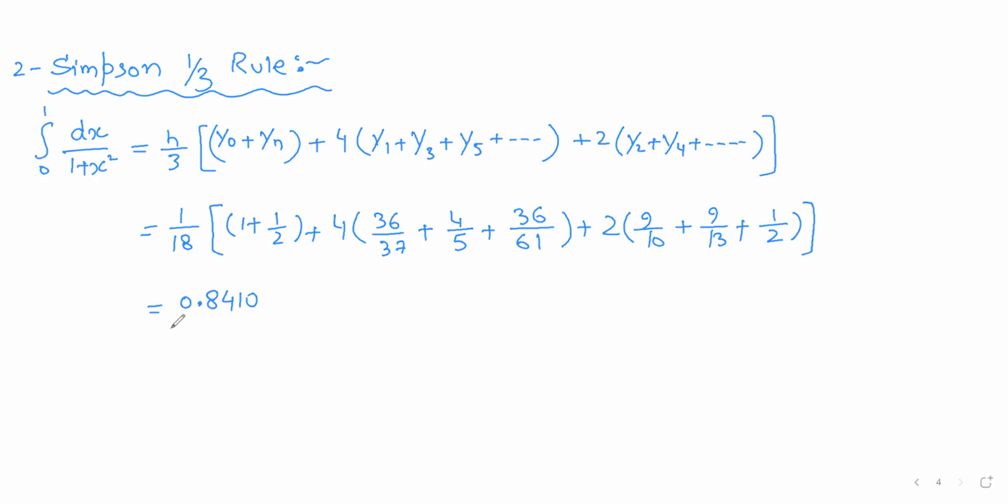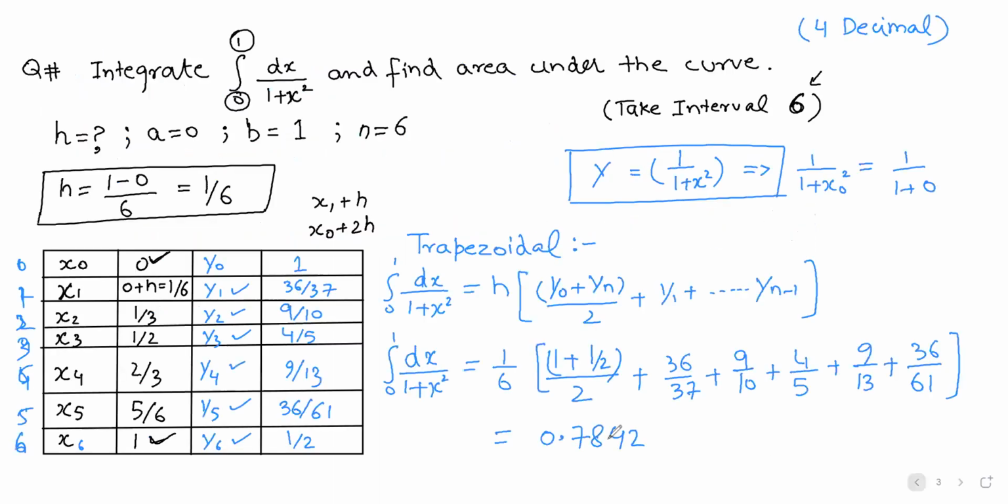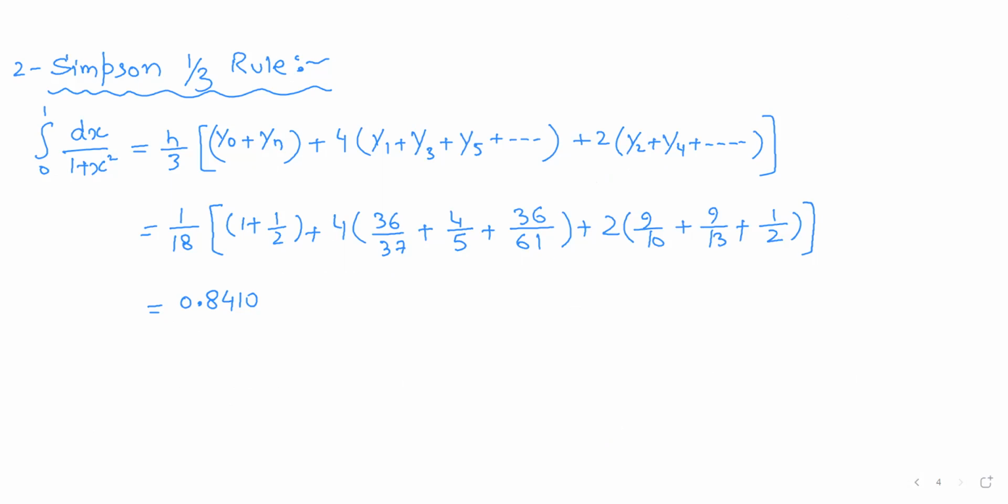So maybe I hope this is clear. Let me check. I think it should be in the range of the previous answer, I guess. I don't know where the error is. Let me check y3. The formula is correct: 4 and 2.